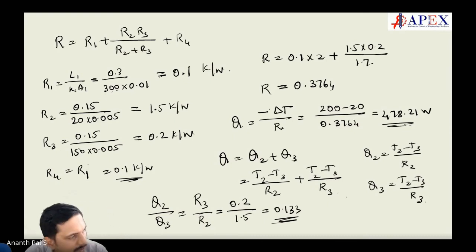Next, let us see heat conduction through a cylinder. Since it comes a lot, all these things, we will do some more practice on this, and tomorrow we will go with more GATE questions so that we get the answers properly.